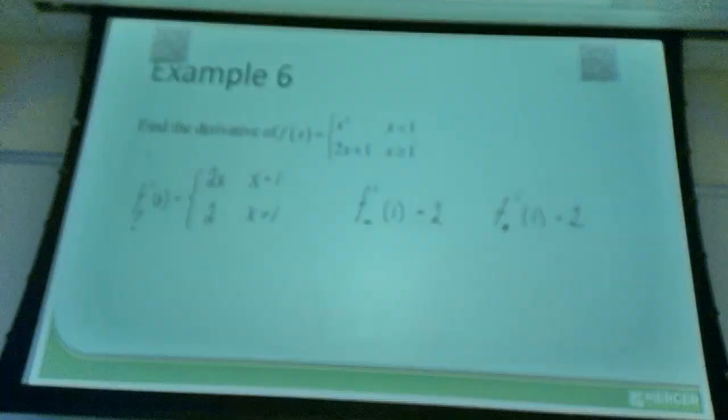The original function has a jump discontinuity, right? So, unfortunately, the derivative does not exist. If it wasn't a jump discontinuity, the derivative would exist.